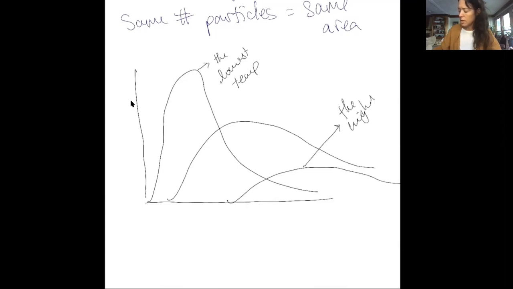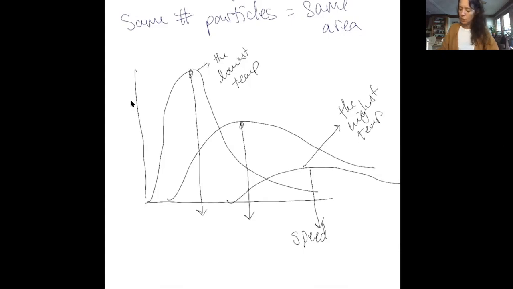If you're not seeing it visually, as the temperature goes up, the curve flattens and scoots to the right. So the top of the curve is lower, and it's further to the right, because down here is the speed. So we have more particles at a higher speed the higher that temperature goes. And remember, the number of particles is referenced by the area under the curve.